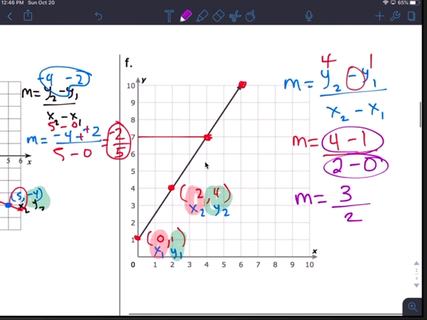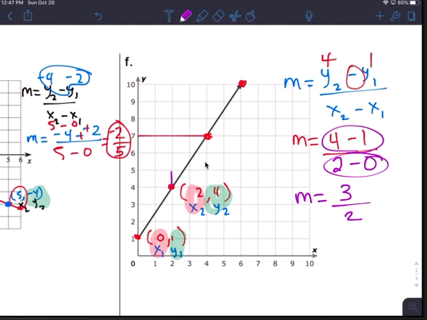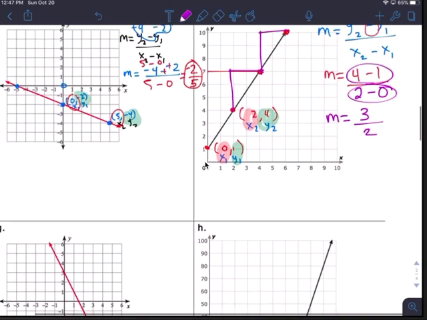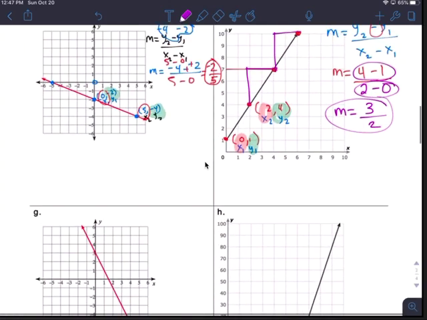So 3 over 2. Up 3, right 2. Up 3, right 2. Each time is your ratio or rate of change.